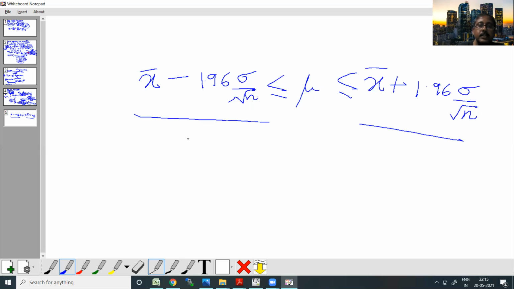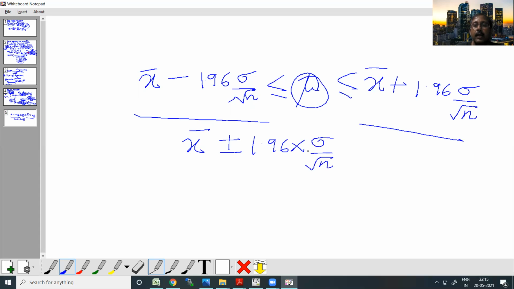So the confidence interval for mu, the population mean, which is a parameter, is x bar plus minus 1.96 into sigma by root over n, where sigma is the population standard deviation. This is the 95% confidence interval.